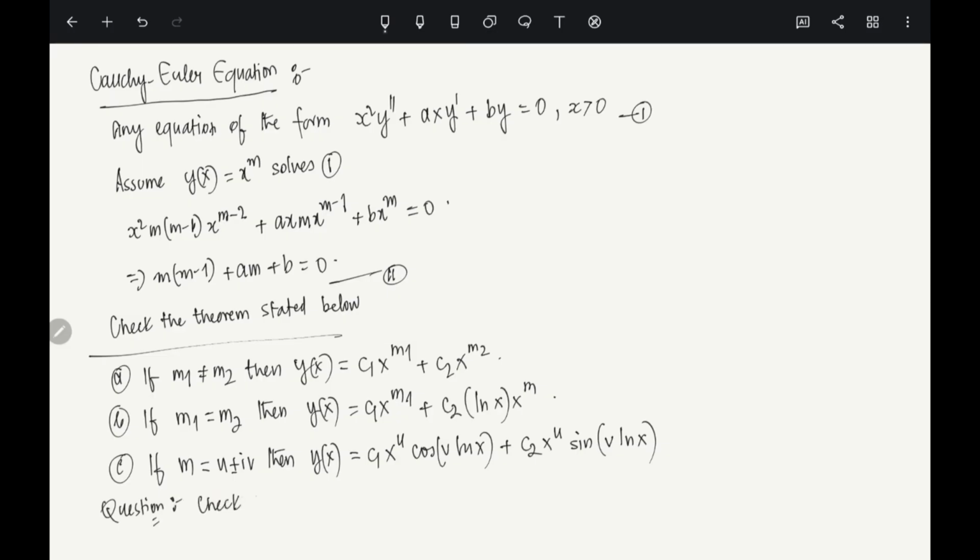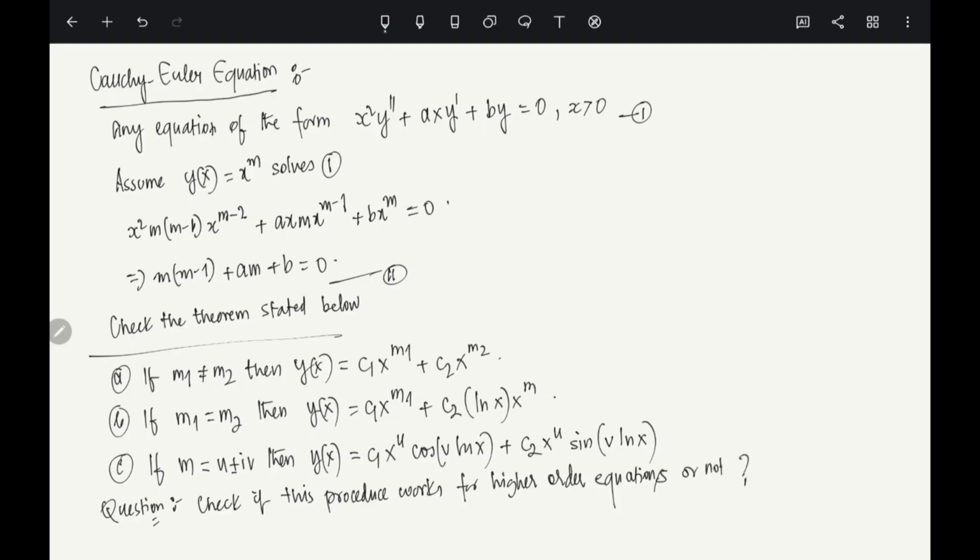Question: check if this procedure, not only this, the whole video, whatever we did, works for higher order equations or not.